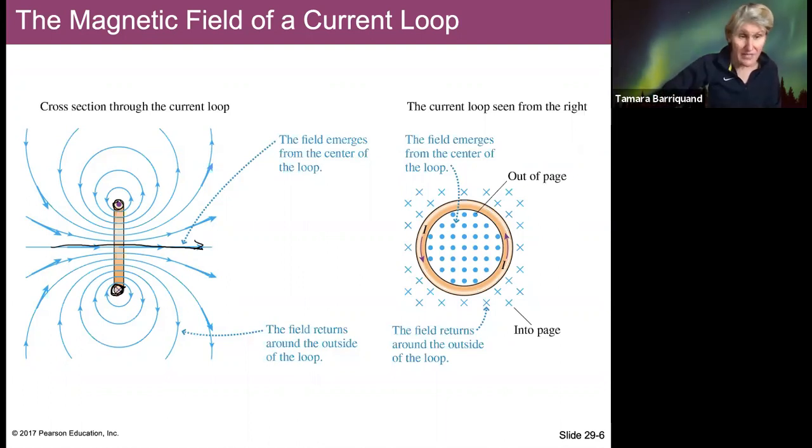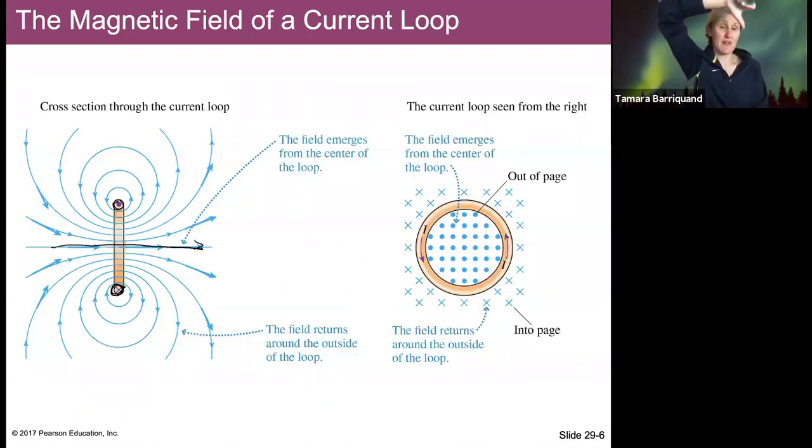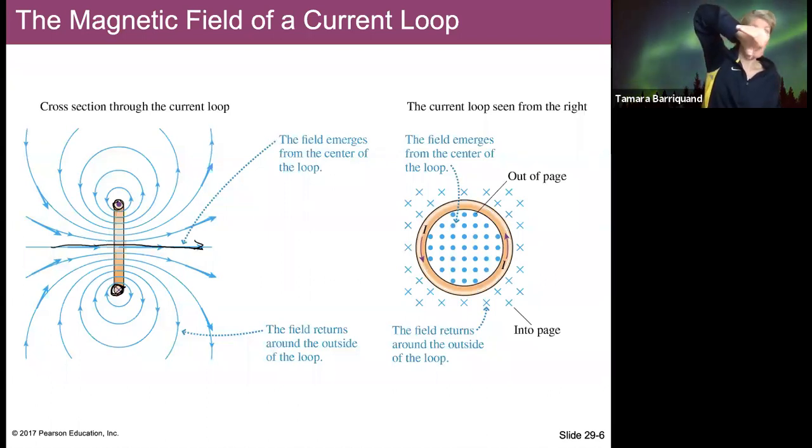I can also take my thumb and point it in the direction of my current. Then my fingers will curl towards the center. Any place around my loop, my fingers will always be going in the direction to the right in this case. So that's another way to do it.